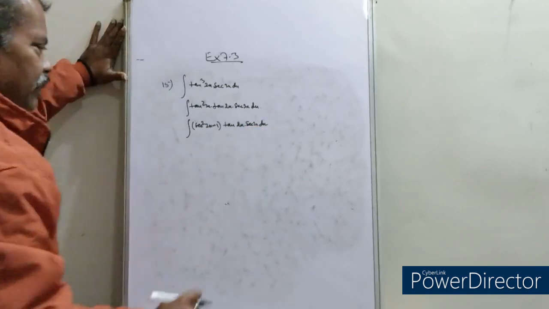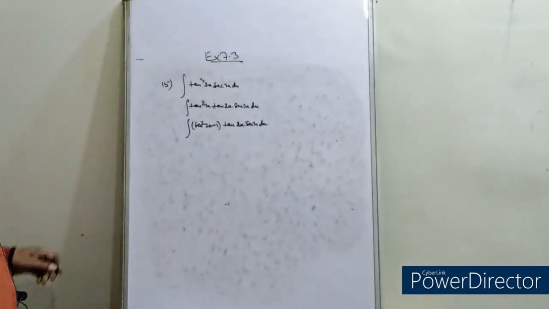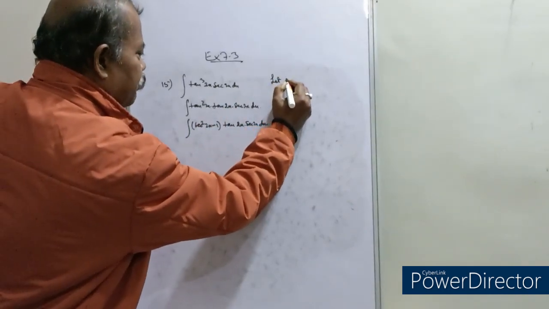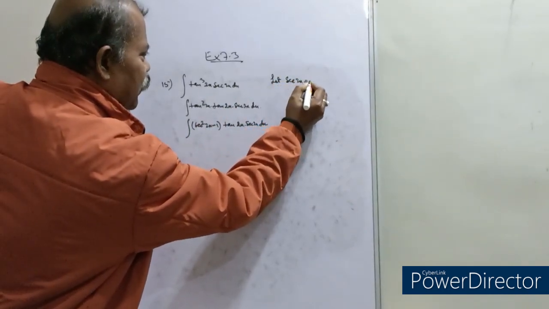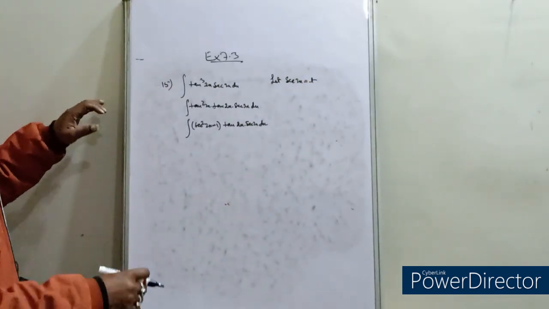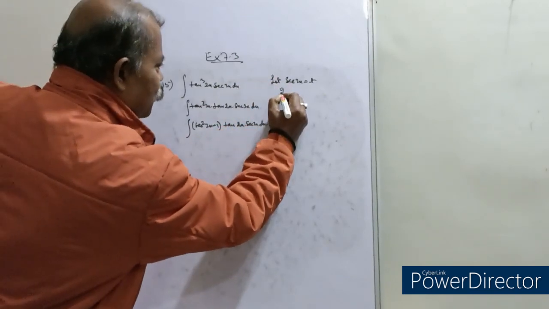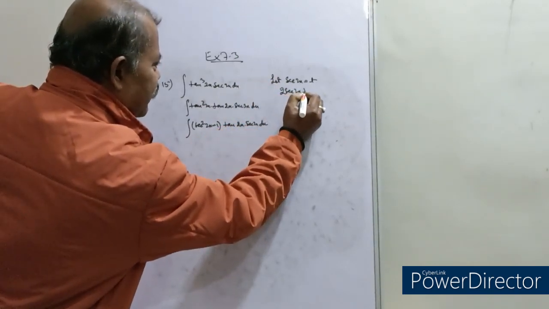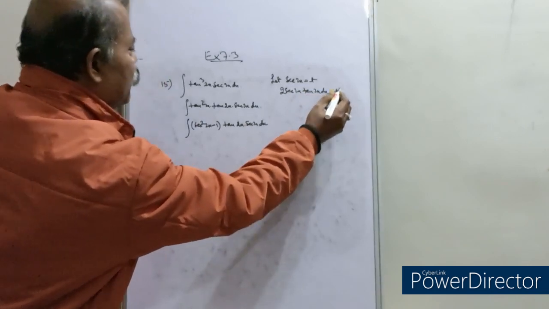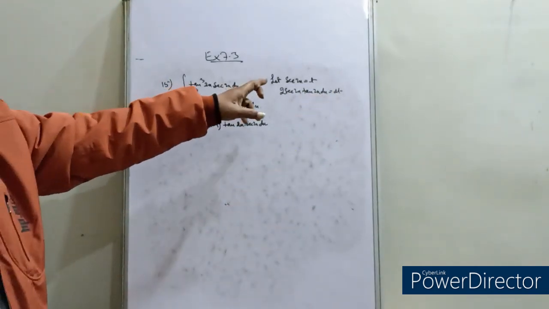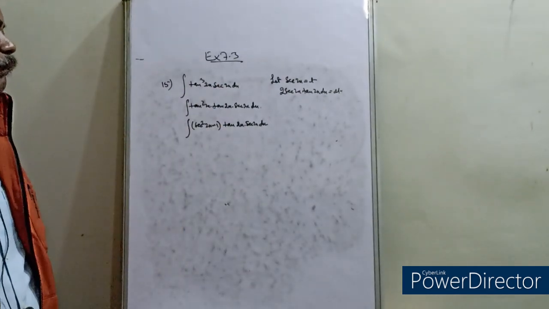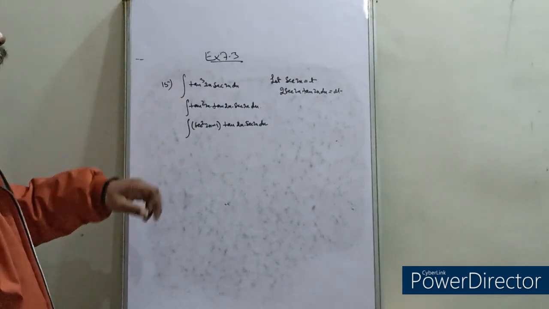dx. So here let us suppose that sec 2x is equal to t. Now when you differentiate it, you are going to get 2 sec 2x tan 2x dx is equal to dt, because we are going to apply the chain rule.